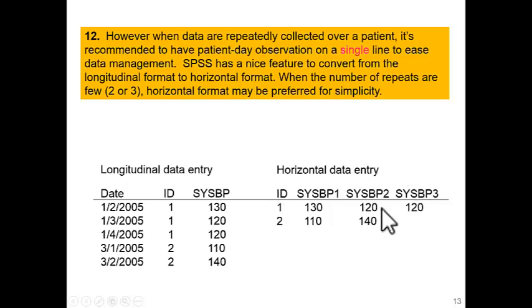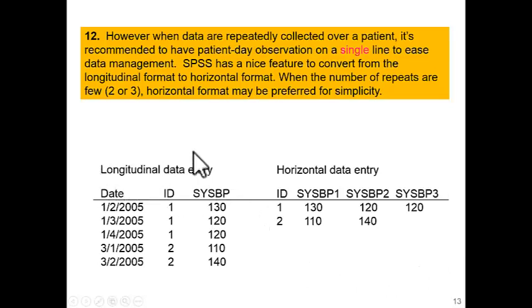This has one line per single patient, and although the systolic blood pressures are measured at 3 different time points, in order to keep everything in one line, we created 3 different variables, systolic blood pressure 1, 2, and 3. This way of data entry is not wrong, although data management might get a little bit more complex.